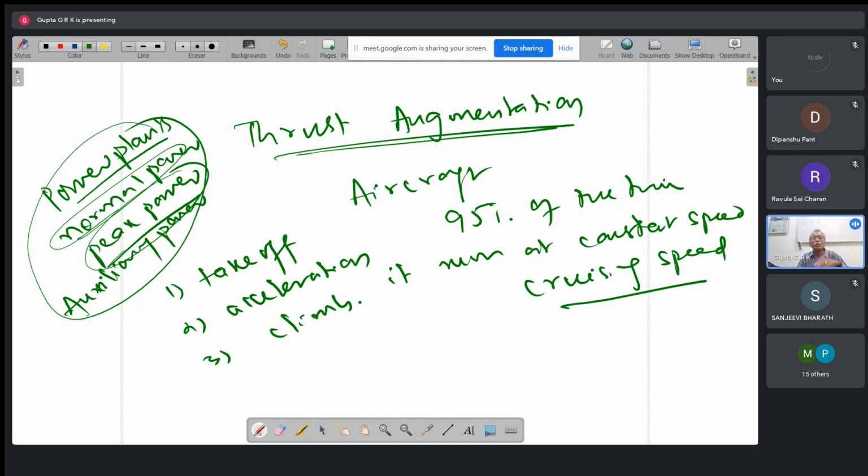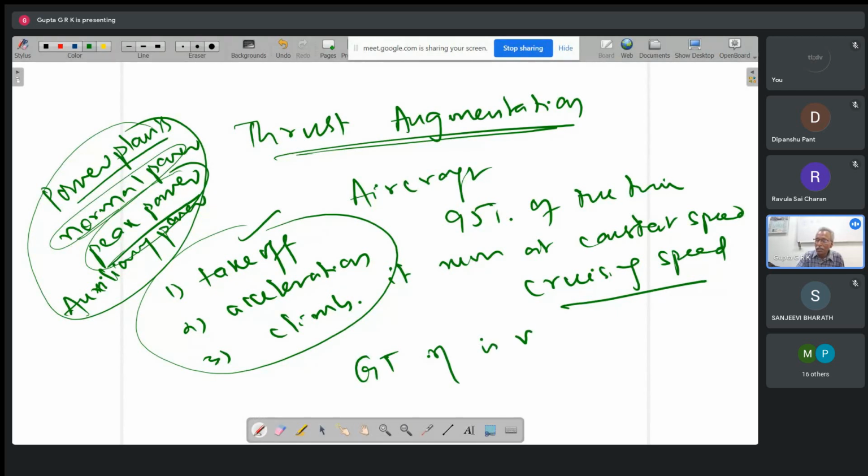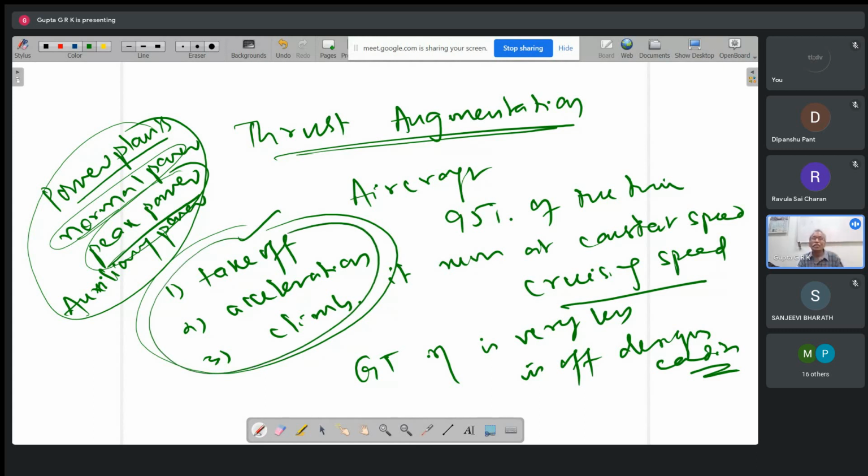If it wants to go at a higher speed, or if it has to go to a higher altitude, or it has to take off, those times it needs higher power. But if I design for this, I know that gas turbine efficiency is very less in off design conditions. So what to do? If I design at these conditions, my efficiency throughout will be less. But if I don't take care of this, how to take off at all?